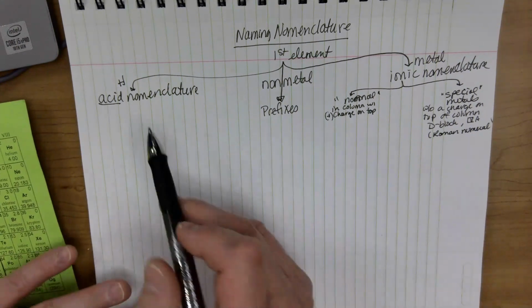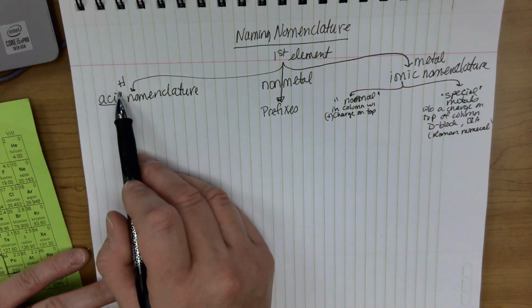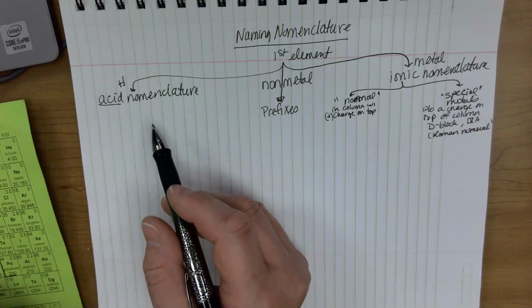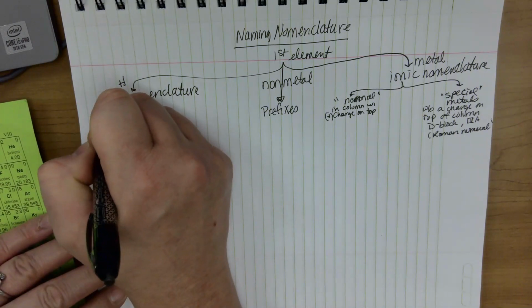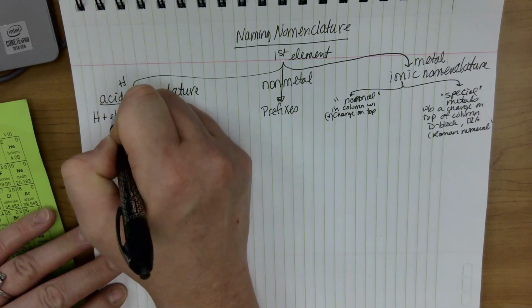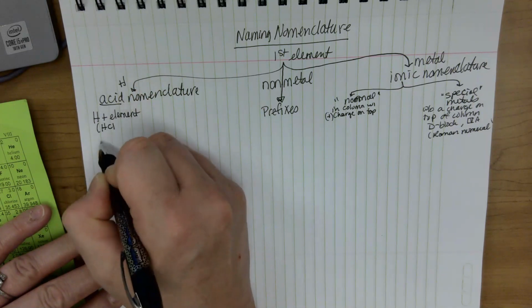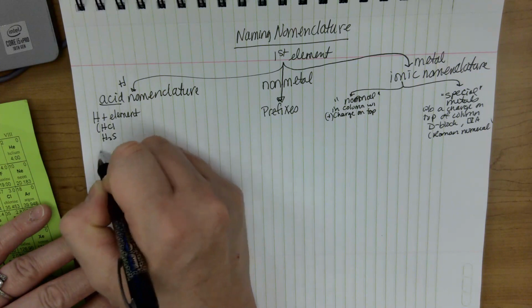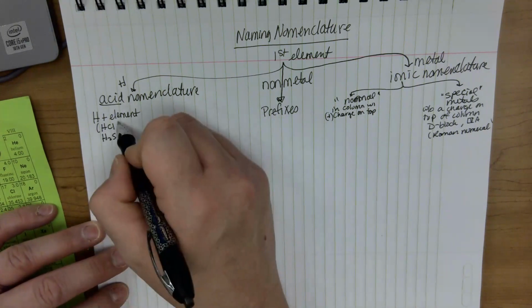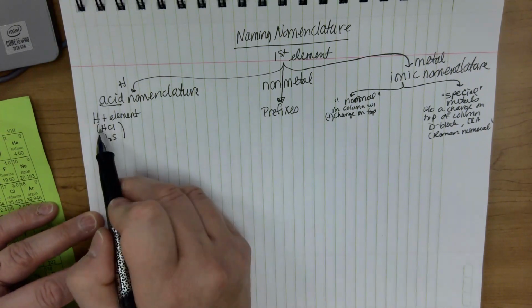So acid nomenclature, if it starts with H, it ends with acid, but there's two different types of acid. There's H plus another element, like HCl or H2S or H3N, something like that. That's what I mean, hydrogen with another element.